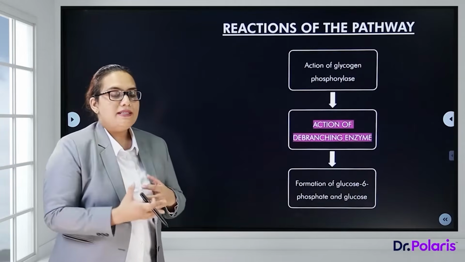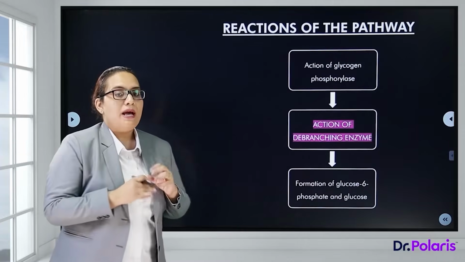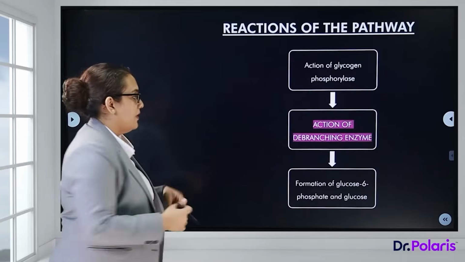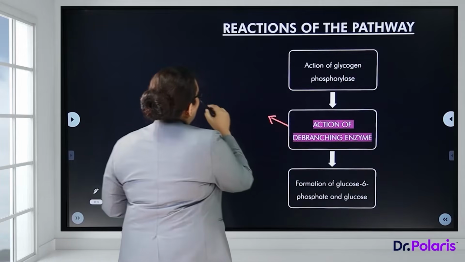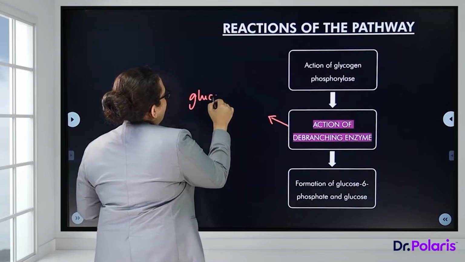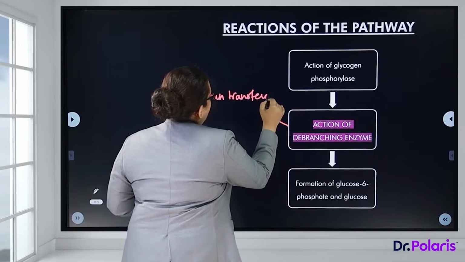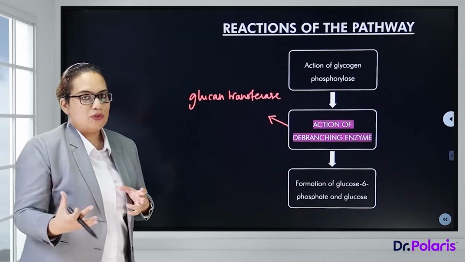In order to understand how the branch points are removed, we need to be aware that debranching enzyme has 2 activities. It's known as the dual function of debranching enzyme. Debranching enzyme is said to have a glucan transferase activity, which simply means that the enzyme is concerned with the transfer of a glucose group.